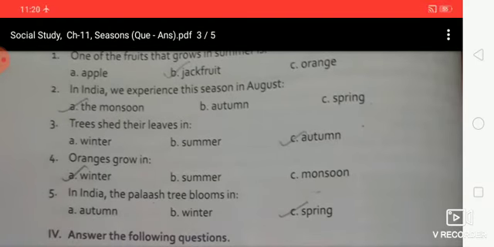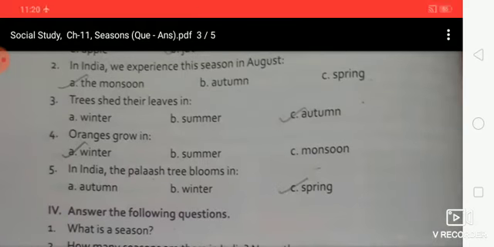November, December, and January are the months of winter in India. After winter comes spring. Trees grow new leaves, flowers bloom, and birds make nests in spring. February and March are the spring months in India.